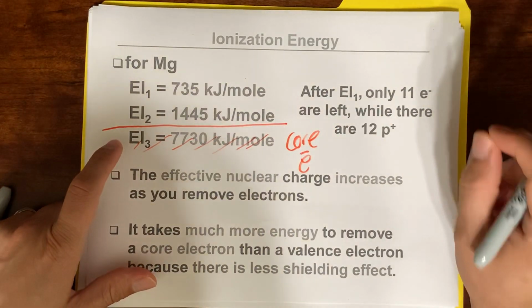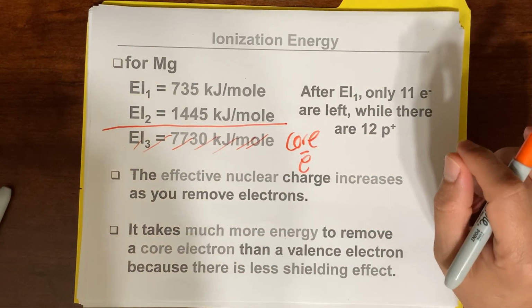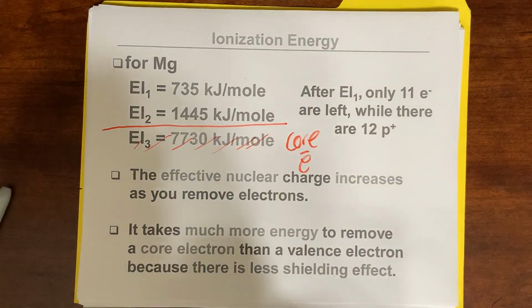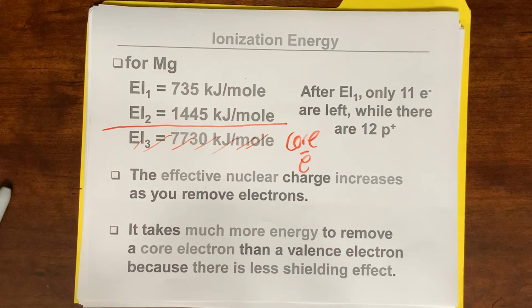Anytime you touch a core electron, the ionization energy is going to be a huge number, because you will be dealing with an electron that is close to the nucleus. And that's the reason we say do not get close, do not get exposed to X-ray. Because the way we generate X-ray or gamma ray is by manipulating, or kicking, core electrons.